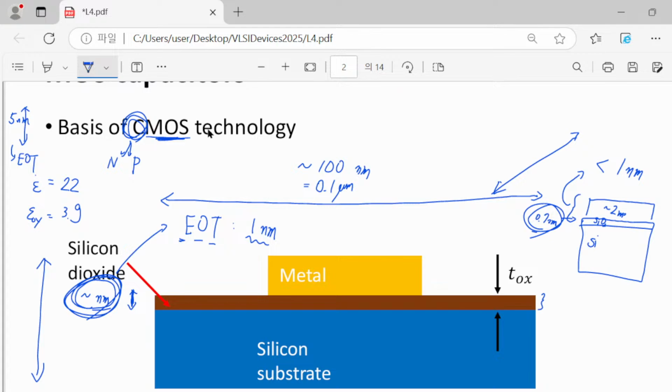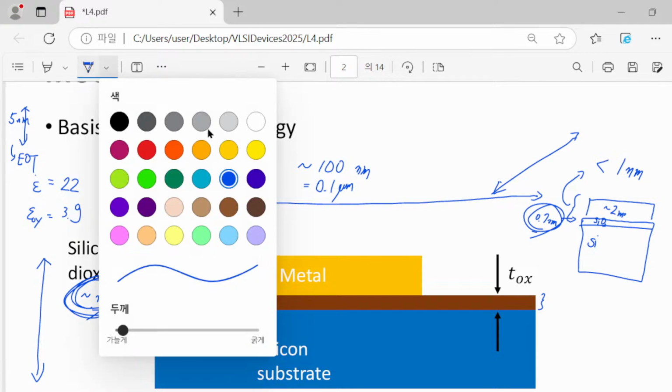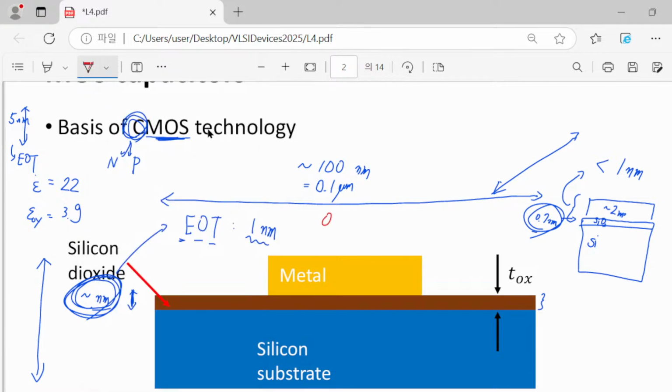But the point is, we are now living in 2025, and 5 years later or 10 years later, the required value for EOT is unfortunately just 0.9 nanometer, 0.8 nanometer, or something like that.